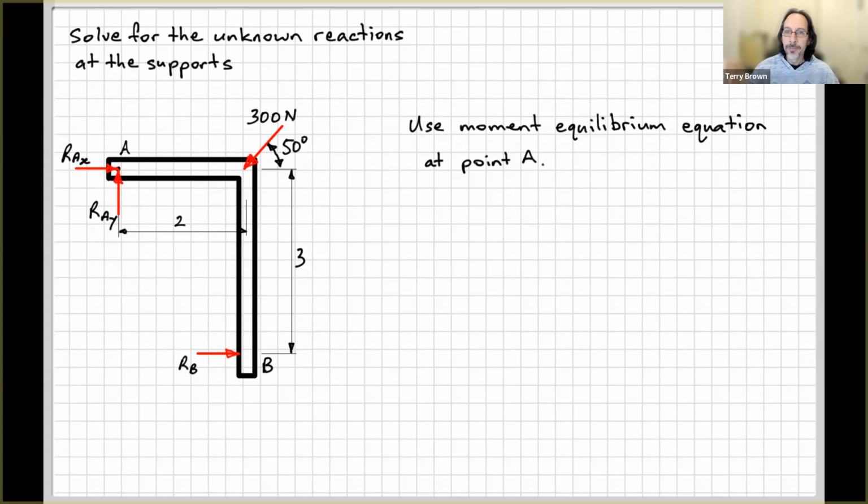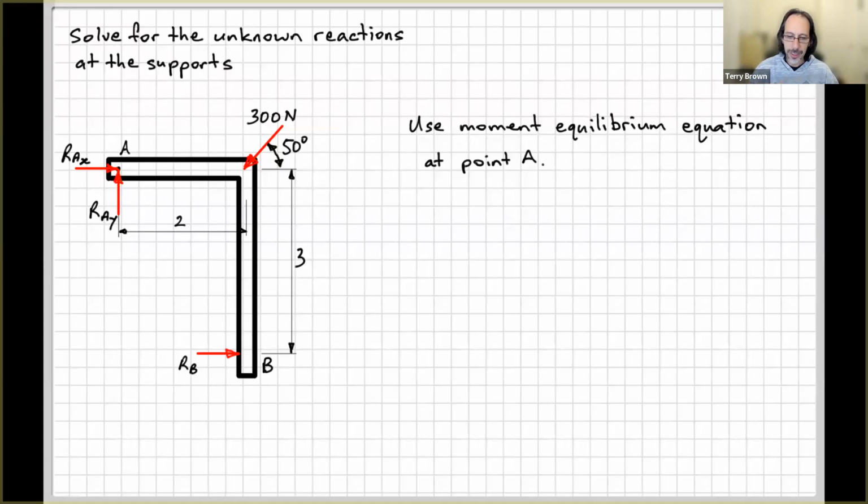But usually, for a rigid body equilibrium problem, we'll start with taking moments about a particular point. And the point that we take moments about is a point where we have at least one of our unknowns acting.